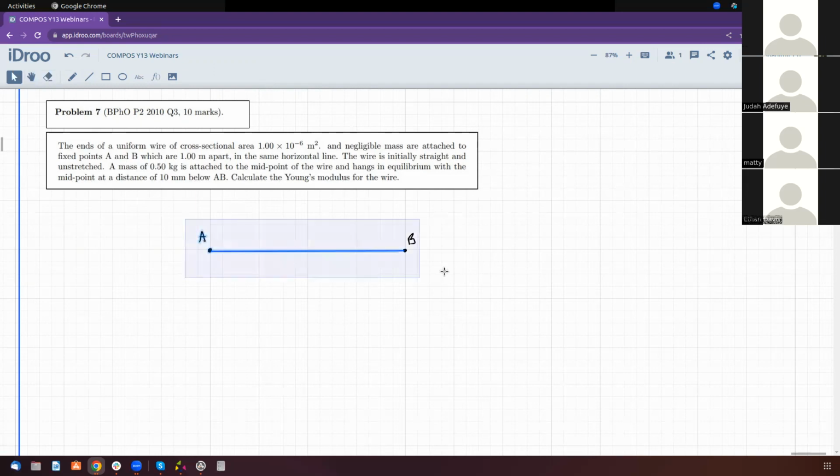So this, and like this. Exaggerated perhaps because it's only 10 millimeters.